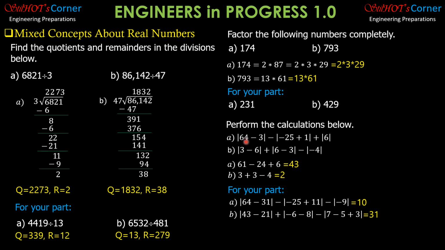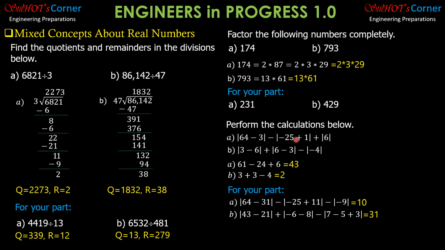So for part A, absolute value of 64 minus 3 is positive 61, absolute value 61 is 61. Then negative 25 plus 1 is like subtracting 25 minus 1. But since the sign of negative 25 is greater, so this is negative 24. Then absolute value of negative 24 is 24. Absolute value of 6 is 6, of course. So absolute value of 64 minus 3 is 61.